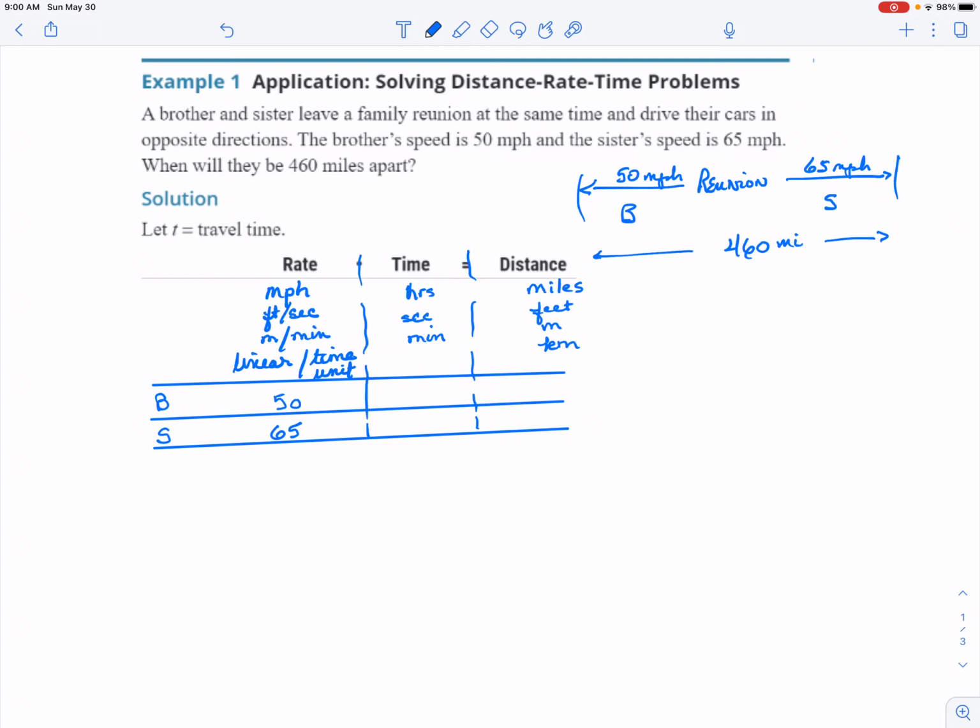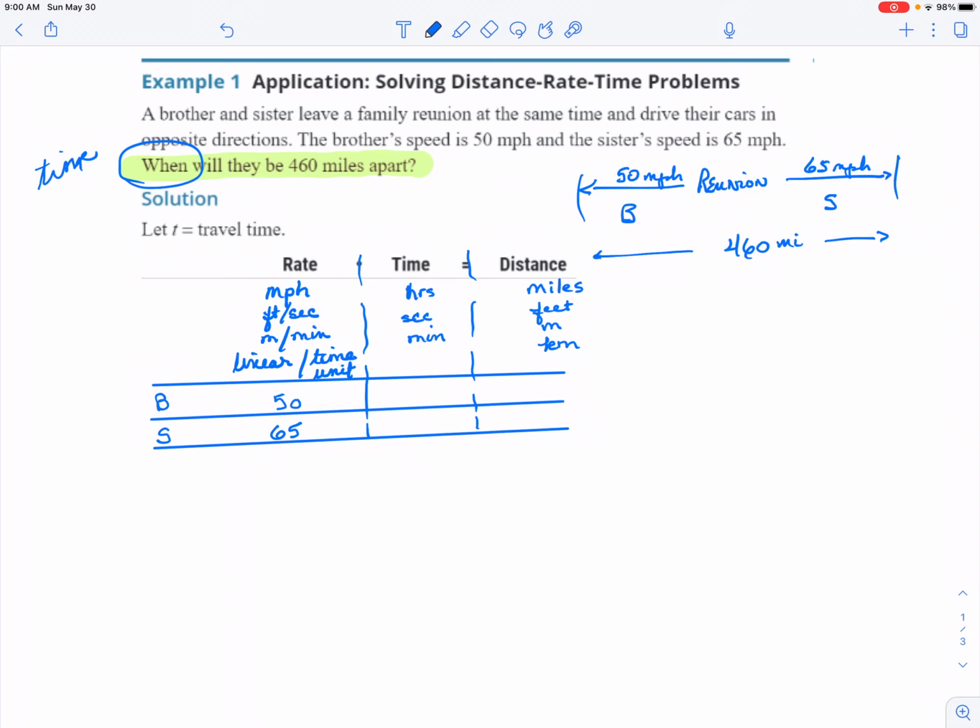But there is something here that's very important. I always like to go to the last sentence or wherever the question mark is to see what I'm looking for. In this case, I'm looking for when. And when equates to time. So let me think about the time. Does either one travel more time than the other travels?